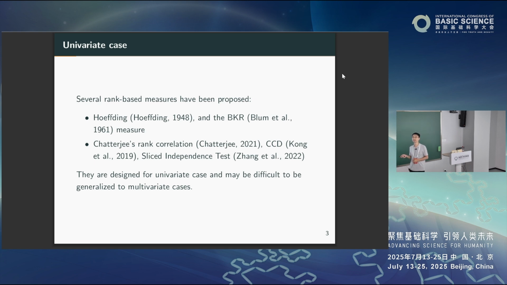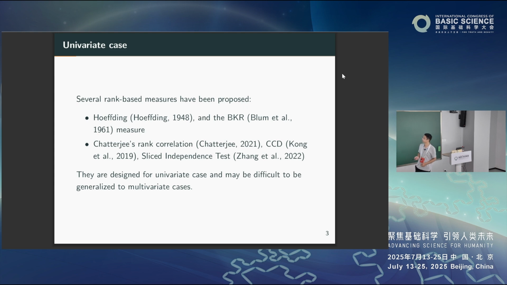The difference lies in that they use different ways to estimate the index. Chatterjee's rank correlation uses the one nearest neighbor to estimate. The composite coefficient of determination uses kernel smoothing, and the sliced independence test uses a slicing technique to estimate the conditional expectation.